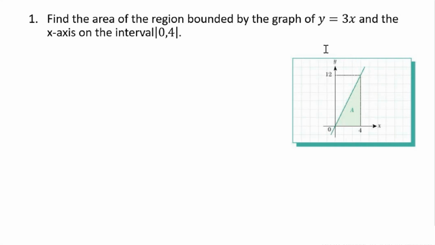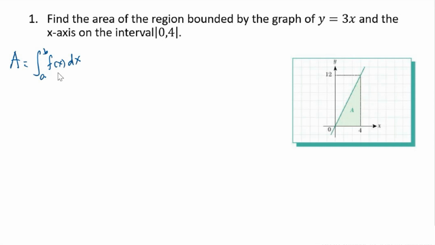To solve for that, we first write the formula. The area is equal to the integral of f of x dx between a and b, where a and b are the interval.